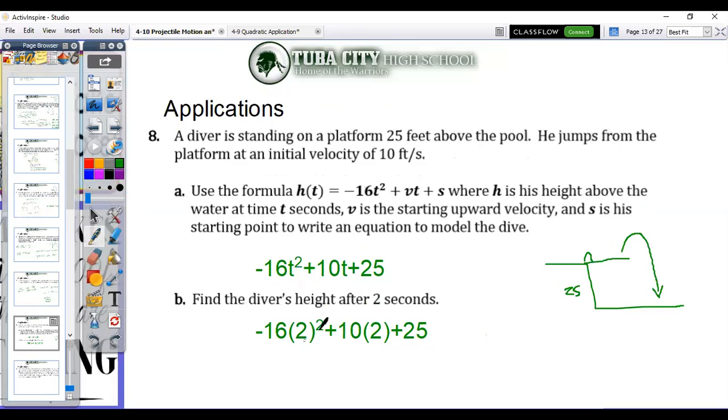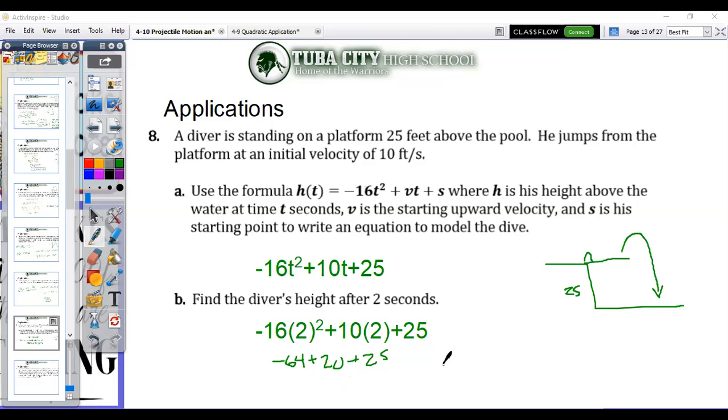There we go. So 2 squared is 4. 4 times negative 16 is negative 64. Plus 20 plus 25. And 20 plus 25 is 45. So it's negative 64 plus 45. Wait, hold on a minute. You know what?